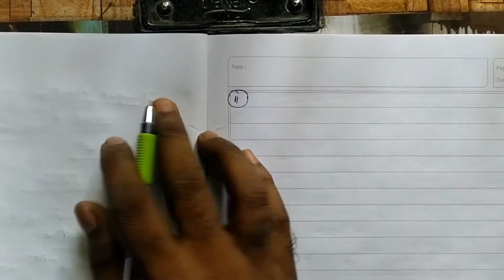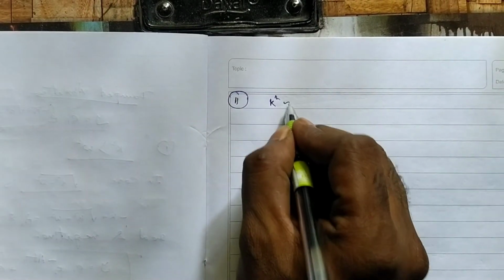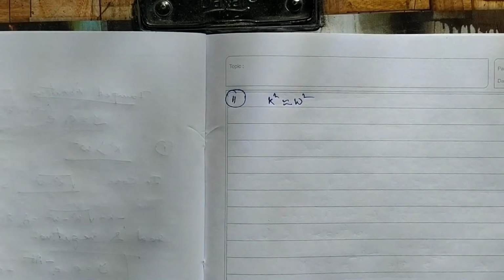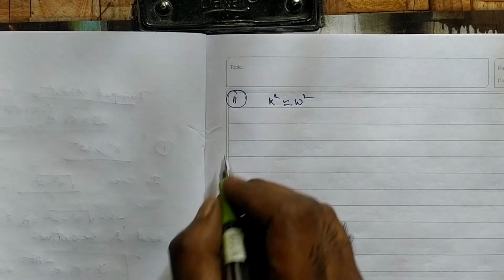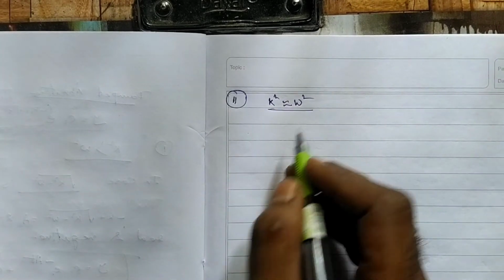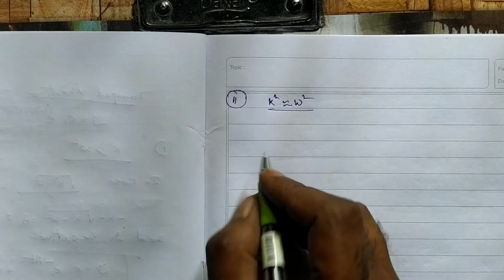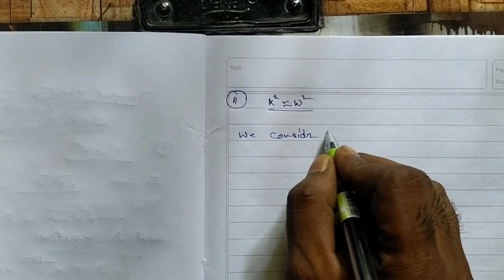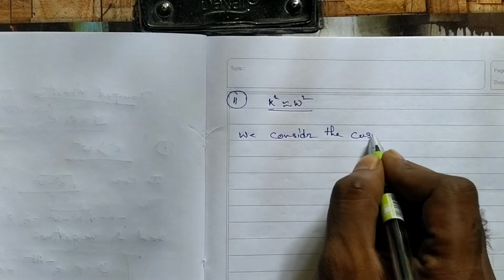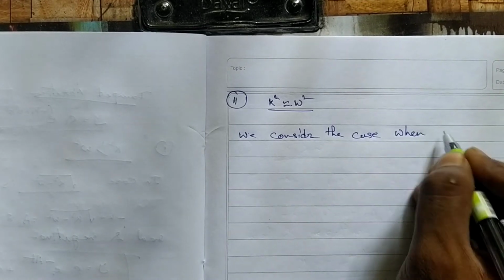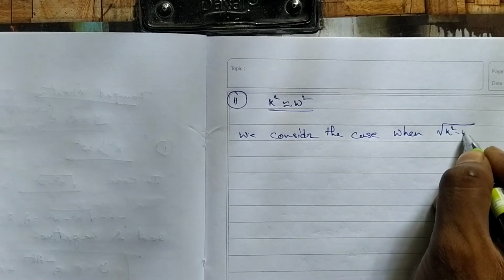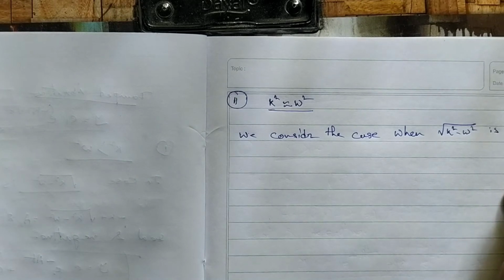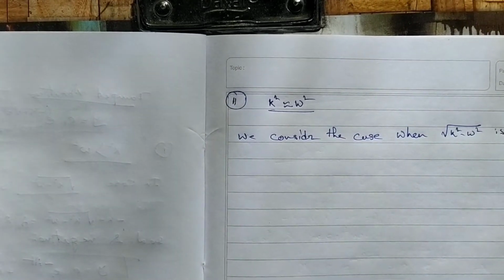In the second case, if k square is nearly equal to omega square, what will happen in this case? It is very close to each other. So we consider that root under k square minus omega square is not 0, obviously, because it is very close but not actually equal.